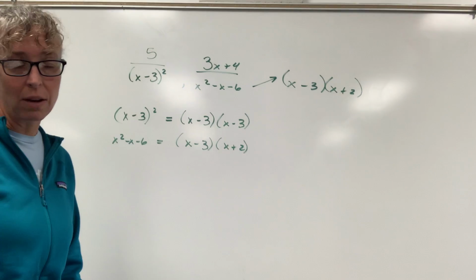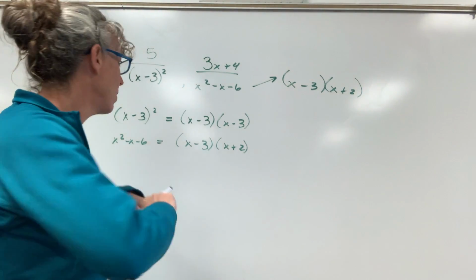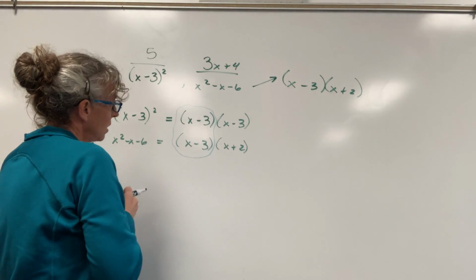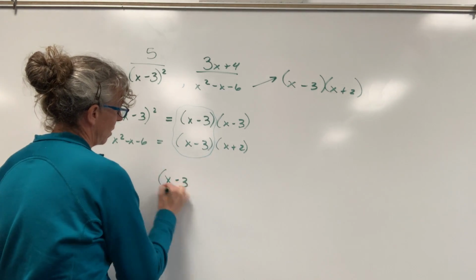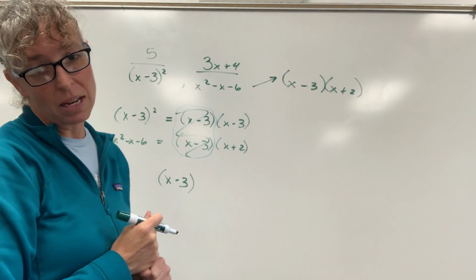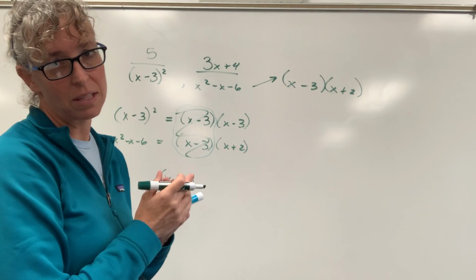Okay, so now remember the rule: if they both have one of something, like these ones do right here, you only have to write it down once for your common denominator, and that's taken care of, okay? But then we also have to write down everything else that we have left.